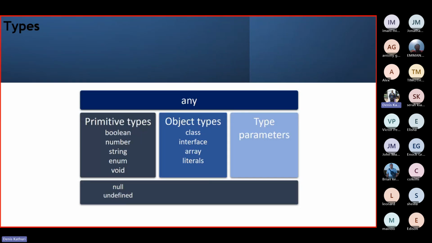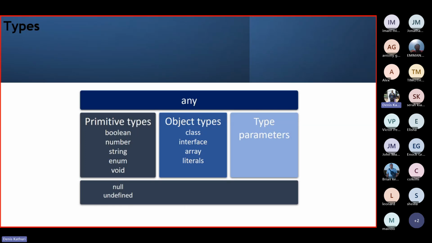The primitive types are Boolean, number, and string. I know most of you have encountered these types. Also, besides Boolean, number, and string, we have enum and void.